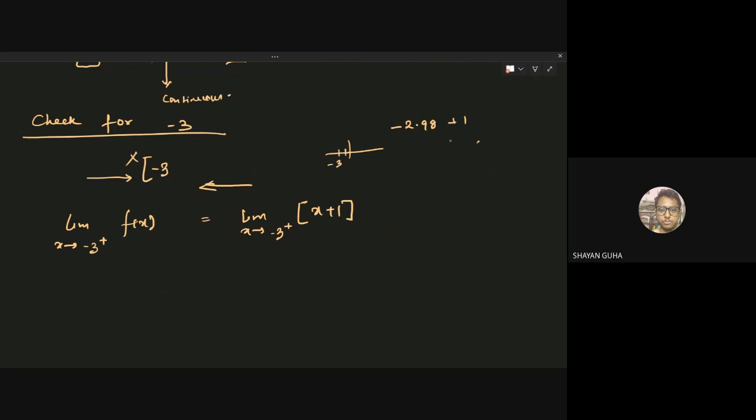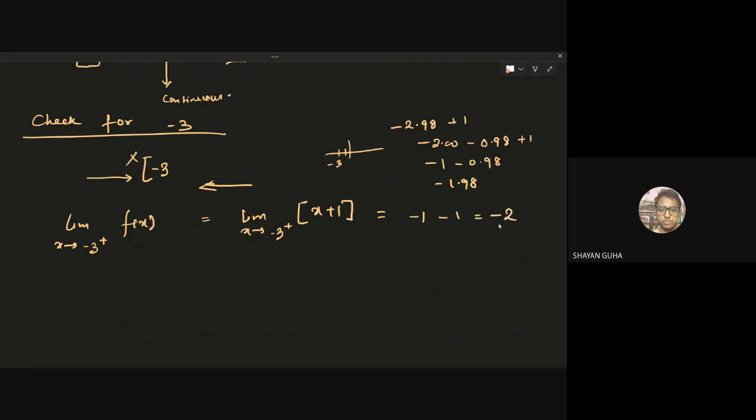Here minus 2 can be written as minus 2.00 minus 0.98 plus 1. So this will give me minus 1 minus 0.98. So it will give me minus 1.98. So what will be the value in this particular case? This value will be minus 1 minus 1. So this value will be minus 2.